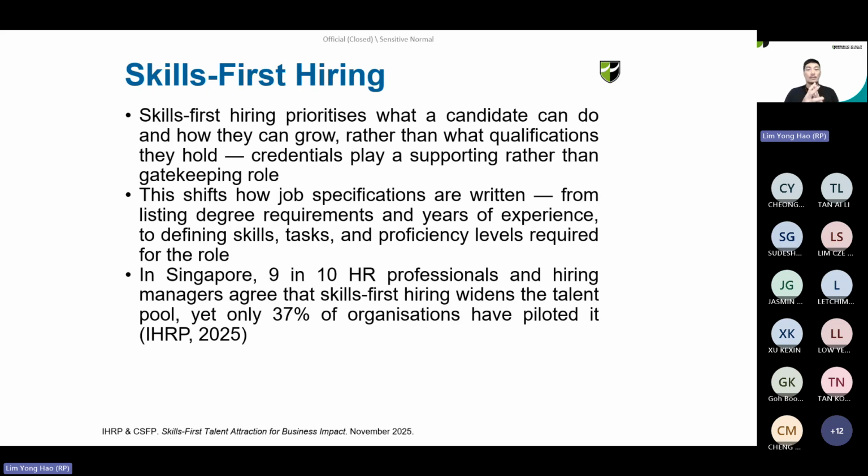Why I wanted to bring this in here is to highlight some of the changes in the way job descriptions and job specifications have been written, and how resumes, which we'll talk about in a slightly later class, are written. What emphasis are people putting on credentials and qualifications compared to skills?